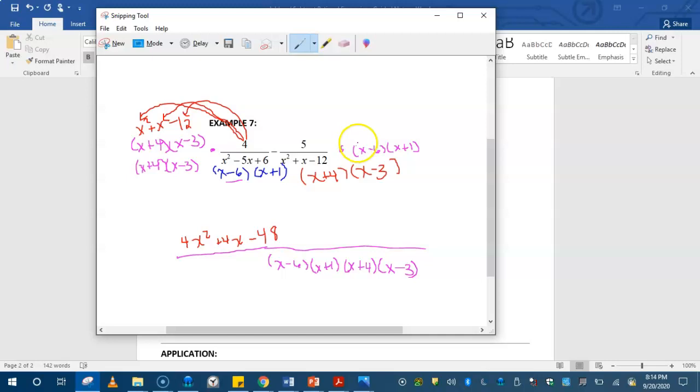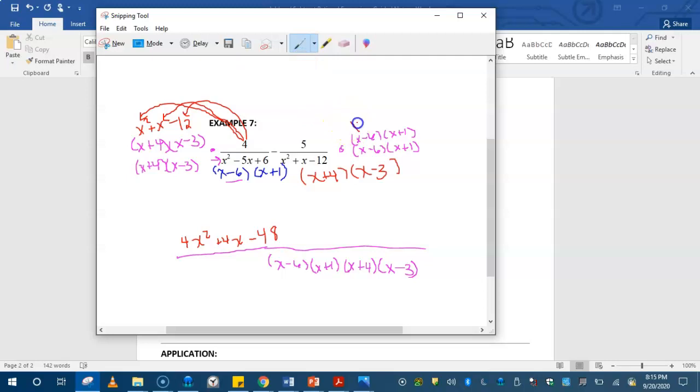Again, to make this easier when I multiply the numerator, because I'm not worried about the denominator, I know the denominator is my LCD. So I'm just going to change this back into what it was. The x minus 6 and x plus 1 was just the x squared minus 5x plus 6. So let me rewrite it as that.